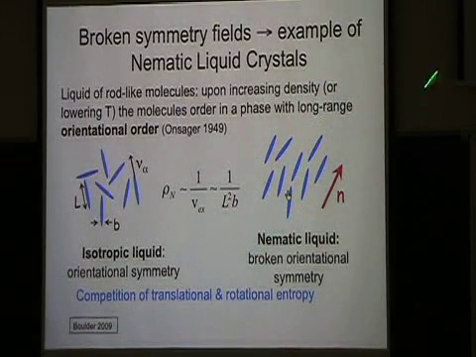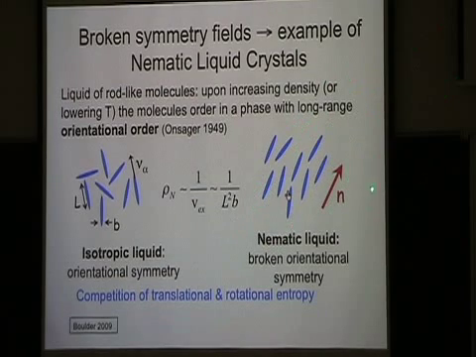That is, the rods are on average aligned along a fixed direction in space. And this orientational symmetry in this transition, which was studied a very long time ago by Onsager, is spontaneously broken. It occurs because of a competition between translational and rotational entropy. If you put enough sticks on a plane, they can gain translational entropy by aligning, although they lose orientational entropy.